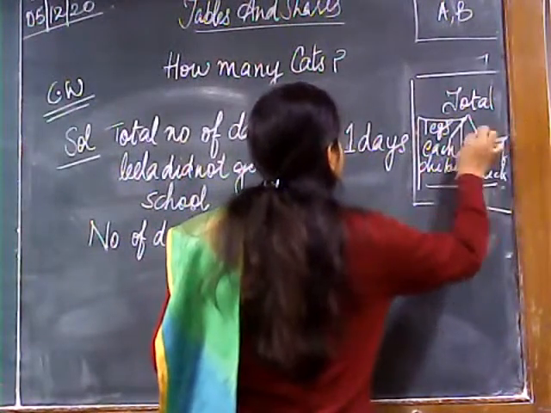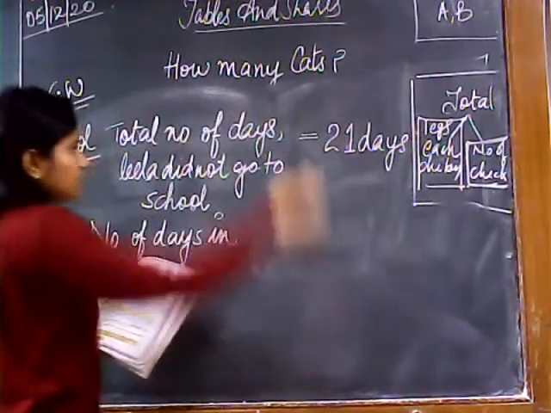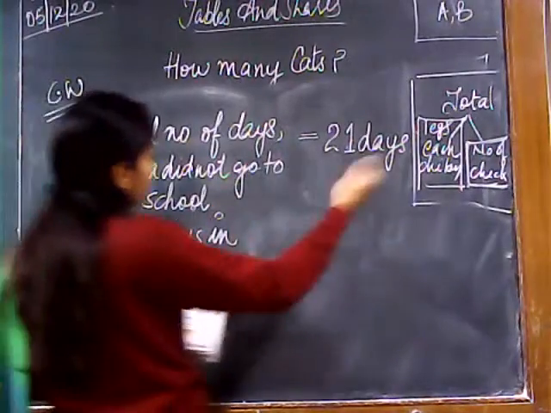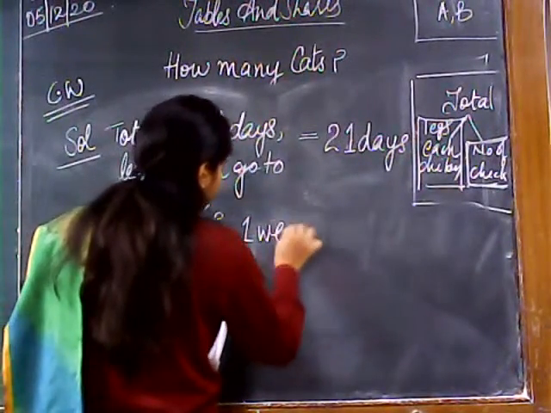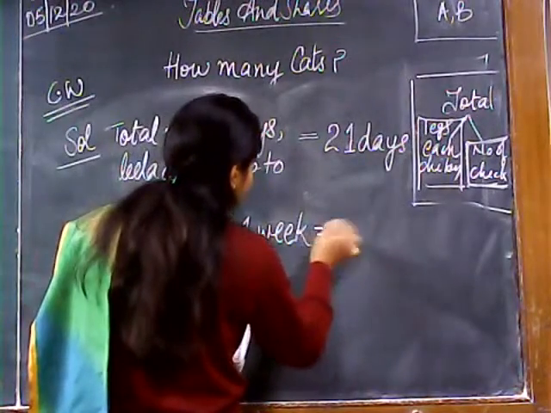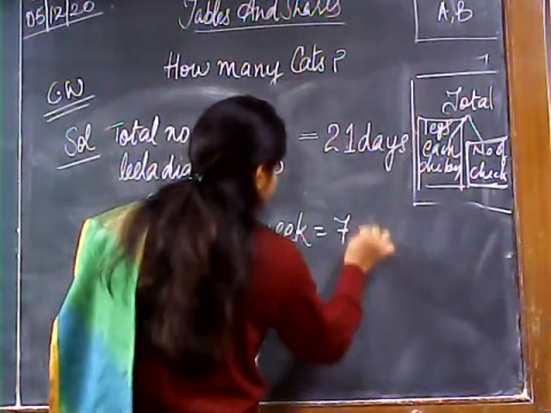The same procedure as we did for total number of days, when we had to find the number of chickens. Number of days in 1 week, and we all know that in 1 week there are 7 days.